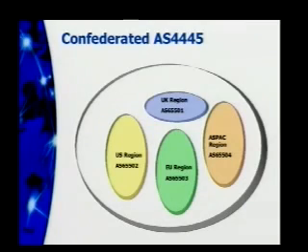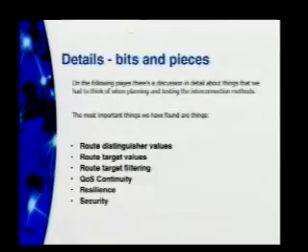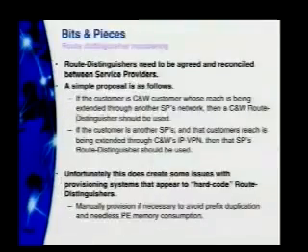In that case, we need to leak them between the regions. Otherwise, we do not export the routes to the other regions, just to save memory and stuff like that. So back to the route targets.